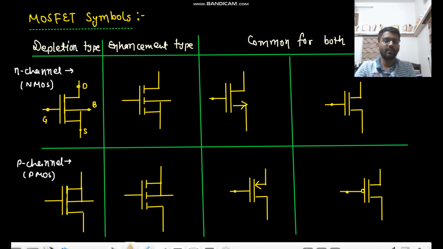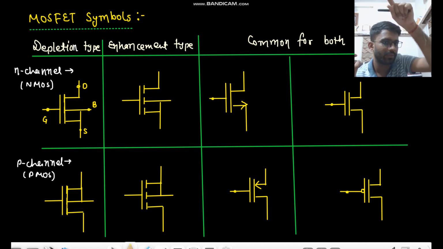When there is an arrow from the body, it tells the direction of flow of charge carriers. In NMOS, the charge carriers, that means electrons, will go from body to gate. At the gate we apply positive potential, which will attract the electrons.